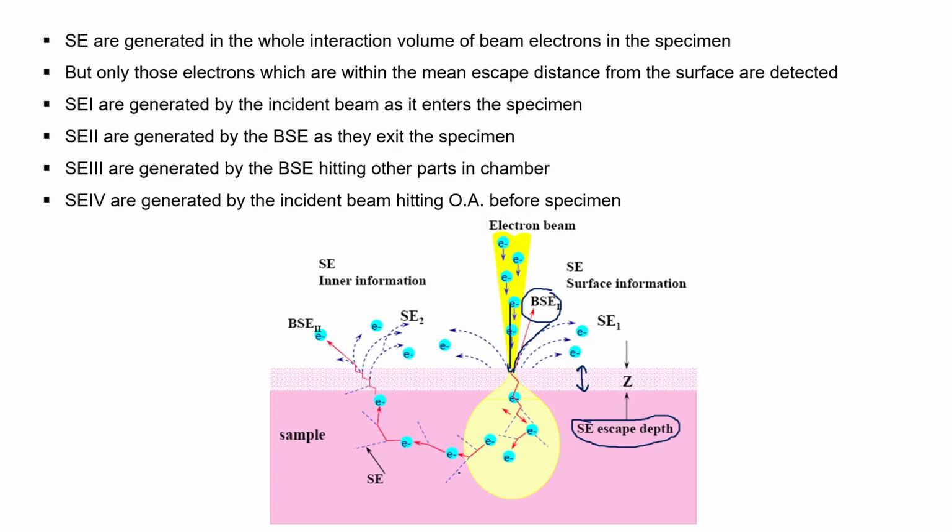Before the specimen there is the objective lens, and we use an aperture to block the electron beam that is far away from the optic axis. If the incident beam hits this objective aperture and generates secondary electrons before hitting the specimen, those are the SE4 kind. So there are different kinds of secondary electrons and back secondary electrons.